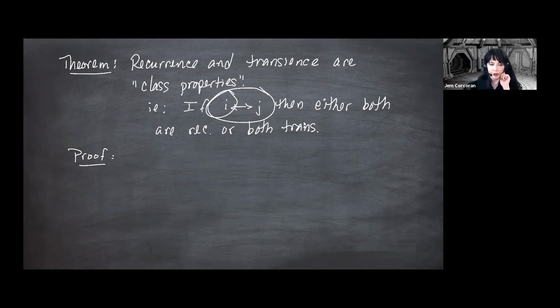So we just need to prove one case. And let's do the recurrent case. So we are done if we can show our new criterion: that the sum as n goes from 1 to infinity of P_II^n is infinite.